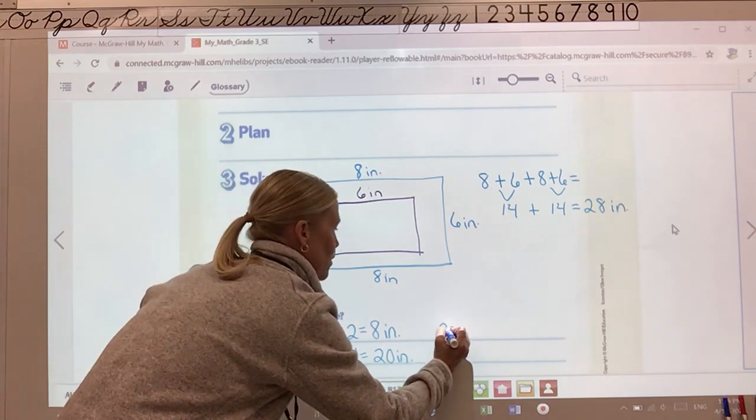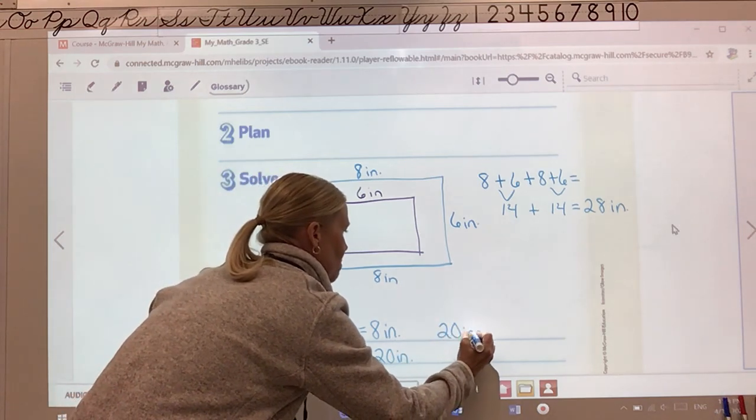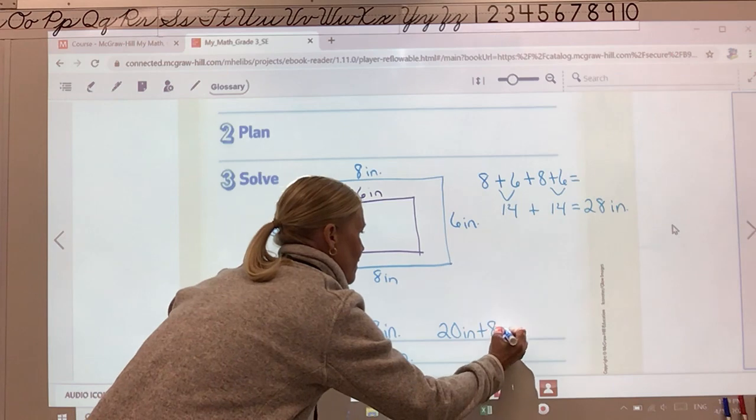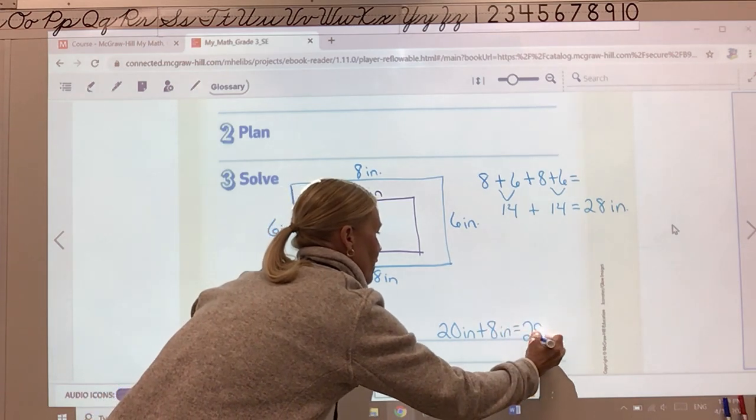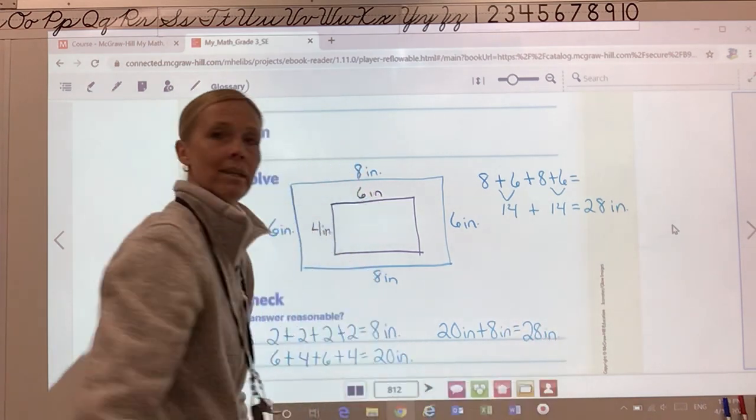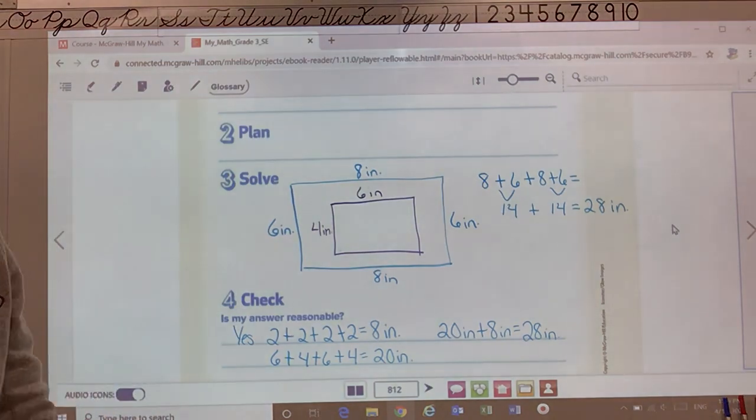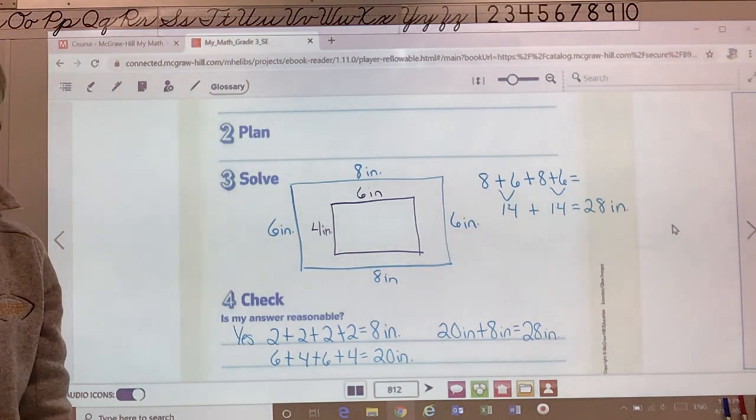So I know that 20 inches plus 8 more inches was a total of 28 inches. So my answer does make sense and it is reasonable.